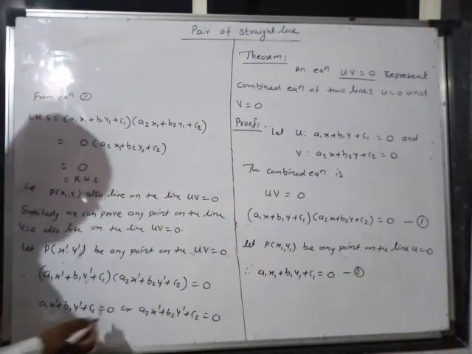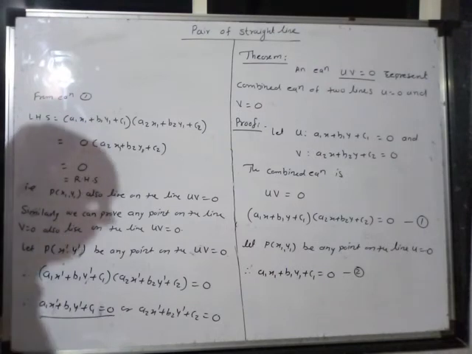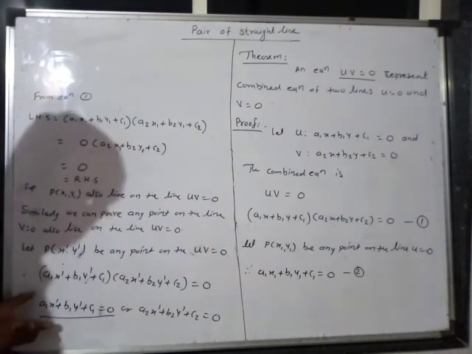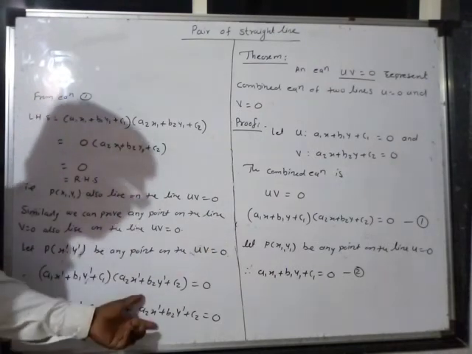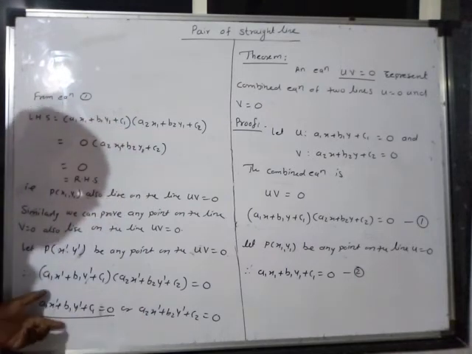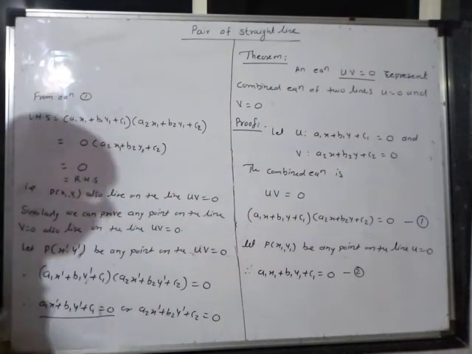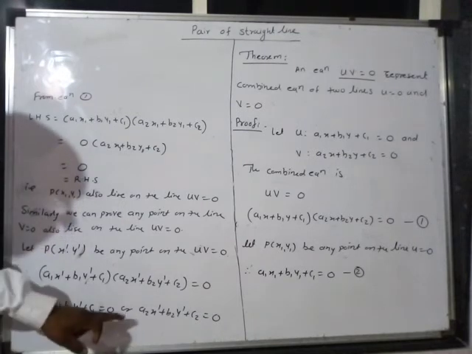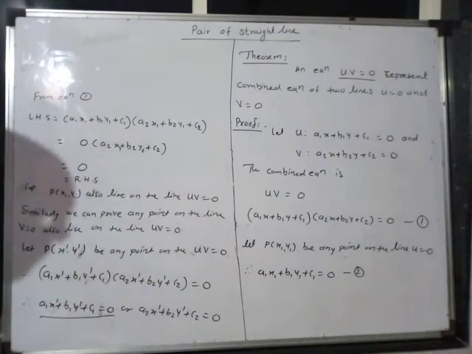That means this is the line u, right? This is u is equal to 0 and this is v is equal to 0. So these points lie on u and v also. This point also satisfies this equation u and v.